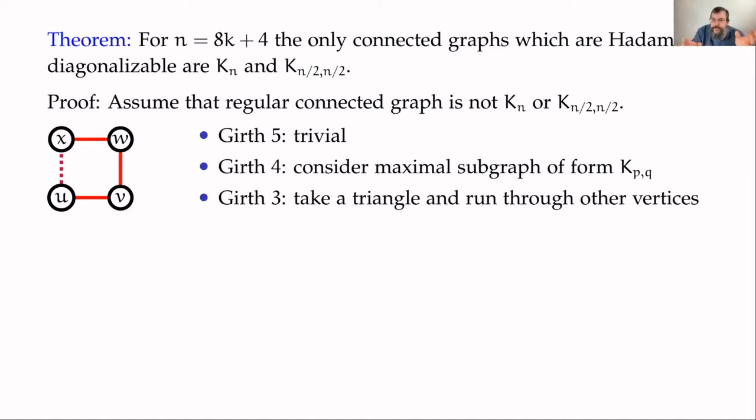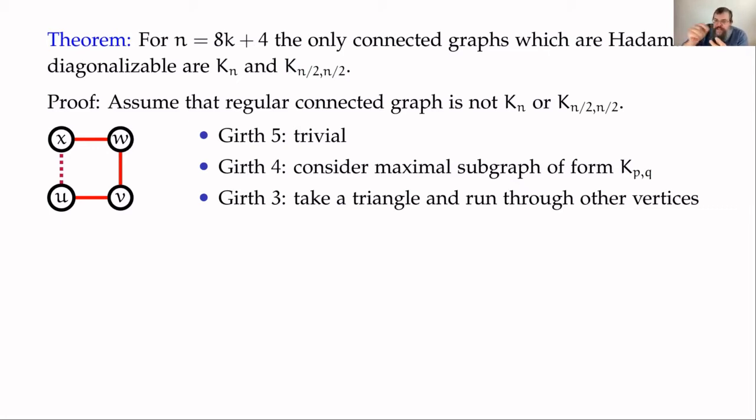What about girth 3? Well, take a triangle, because there has to be a triangle. And now pick, oh, is there a question? No? Okay, all right, take a triangle and now take any vertex, because it has to be adjacent to something. So take a vertex that's adjacent to something in that triangle.